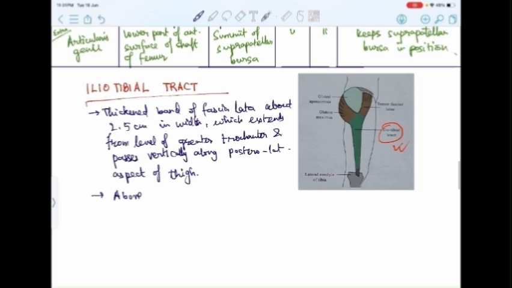Above, it splits into two layers to enclose tensor fascia lata insertion.